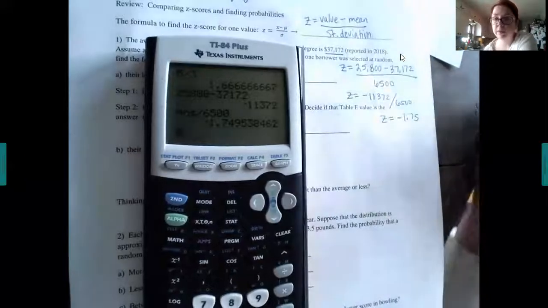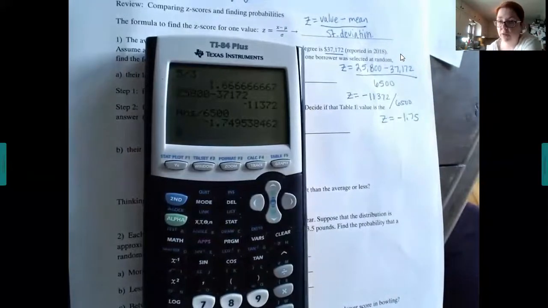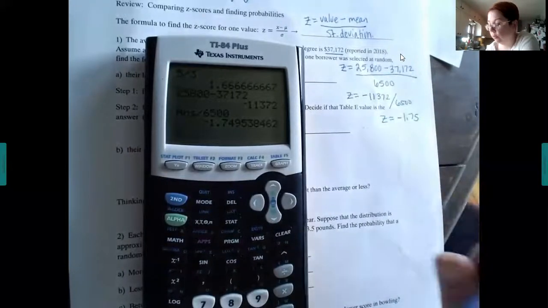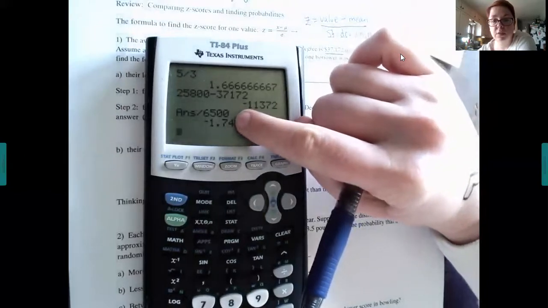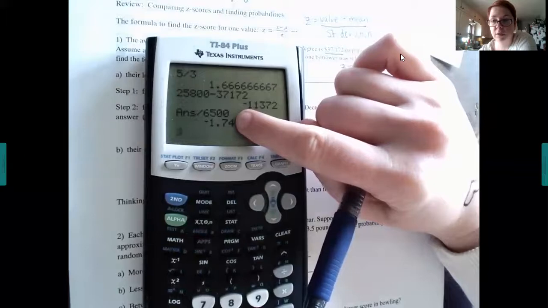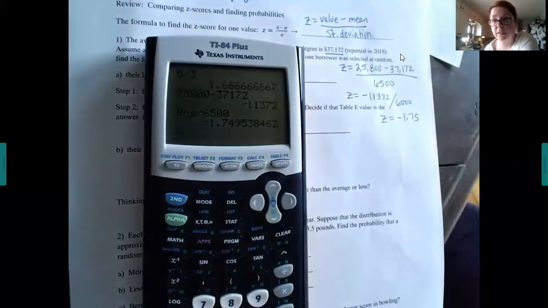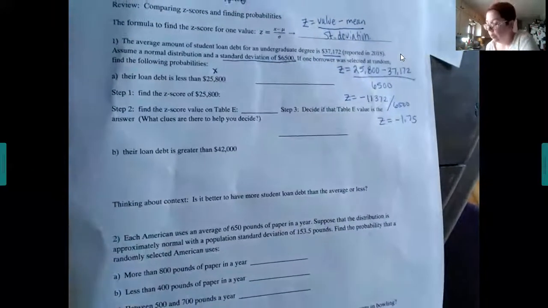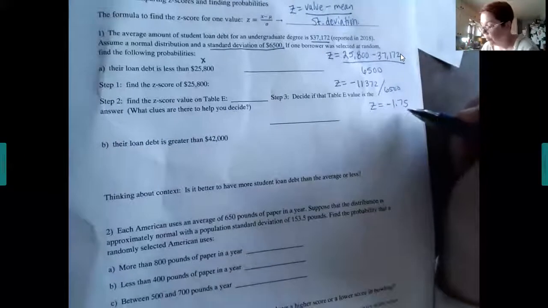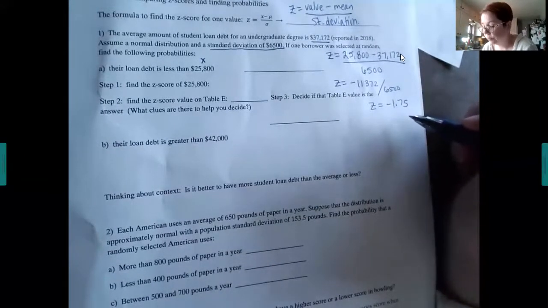If you're off a little bit, you might be doing everything correctly, but if you just look at this as 1.74, do all this great math work, and then enter your answer in the computer, well, it won't like it because it was going to round it. So don't forget to round. All right, so our first step we got negative 1.75 for our z-score. Okay, so we did that.